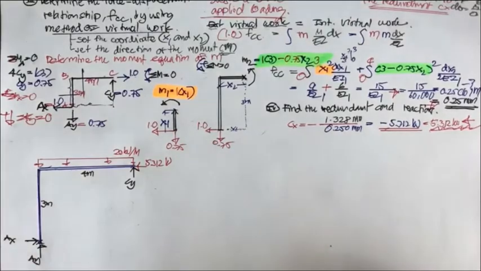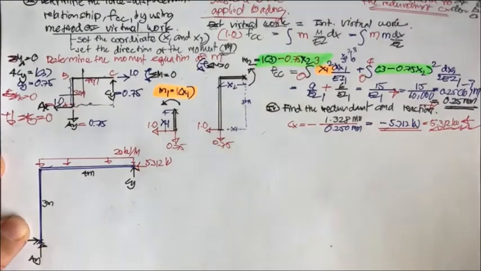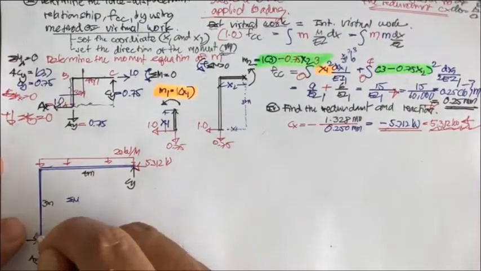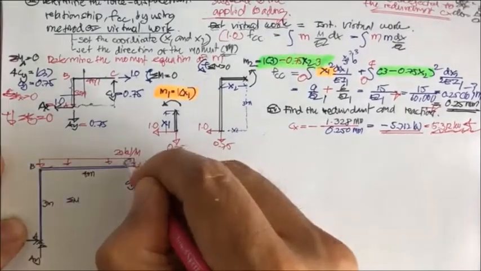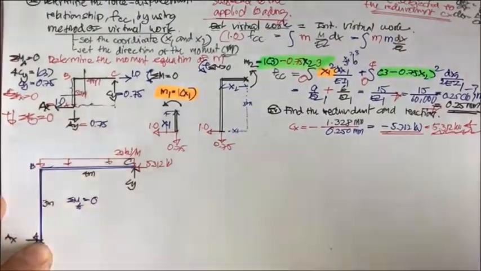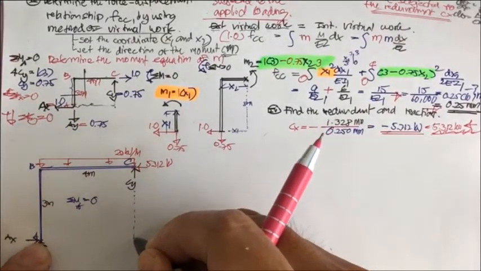And now we determine this. Let's start by doing the summation of the moment about A equal to 0. And you can see the C sub y is going to times this distance.